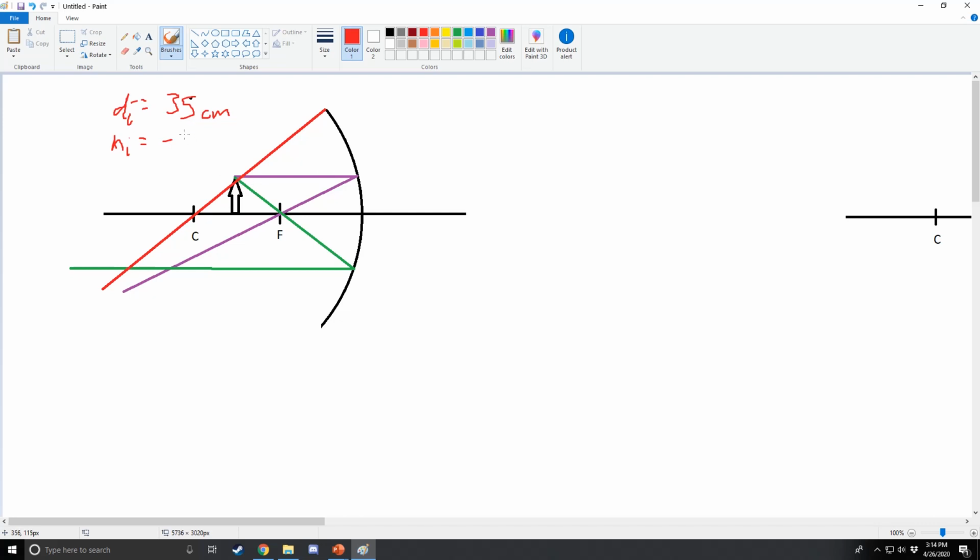So I think the original one was like 1.5, so I'm going to say it's something like 2.5. And we'll see if my number is correct. So then I end up getting an image that's formed like that.